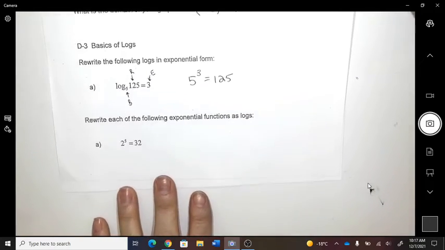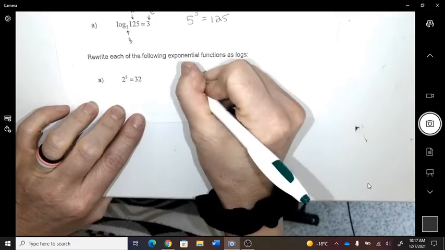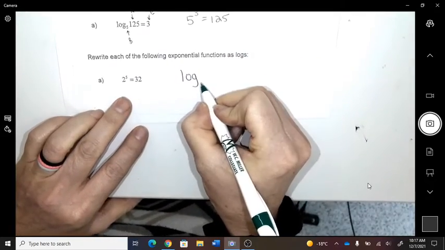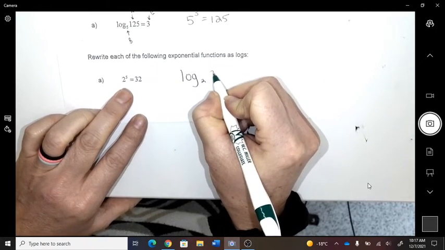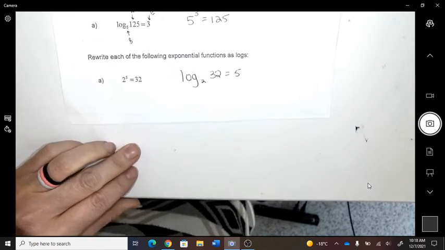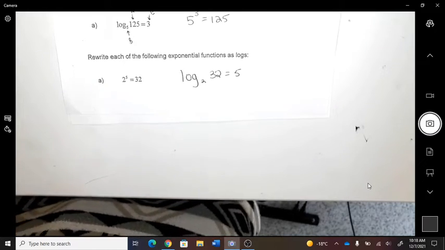Versus this one, rewrite it as a log. Down here I need the baby base, so 2, the result equals the exponent.